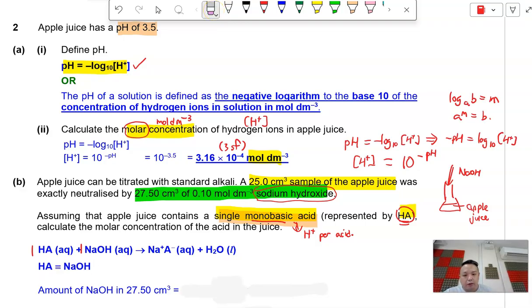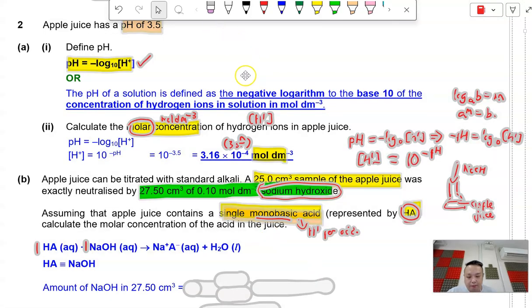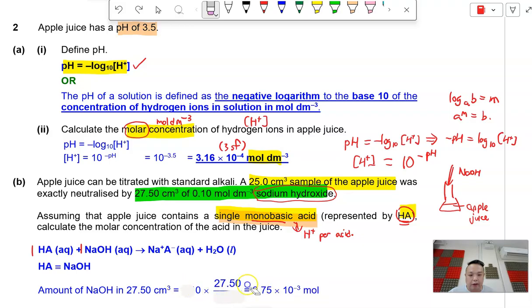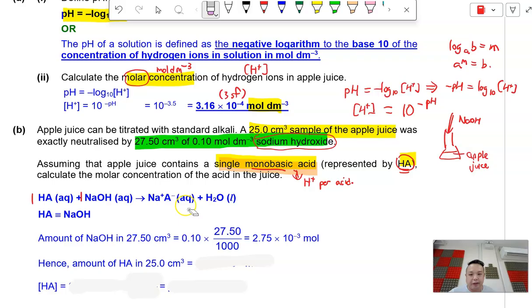Establishing the mole ratio is important because from the information in green, we will be able to find the number of moles of NaOH. Applying our C times V, we get the number of moles of NaOH: 2.75 times 10 to the power minus 3 moles. This is simply your concentration multiplied by volume. Again, you need to convert cm cube to dm cube.